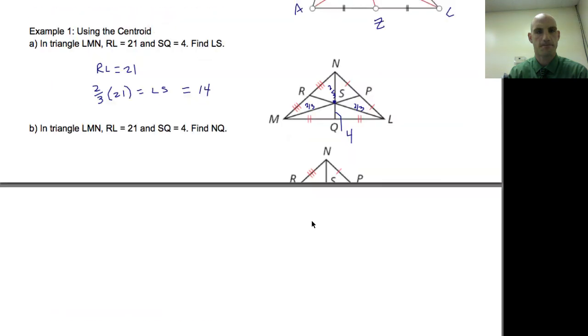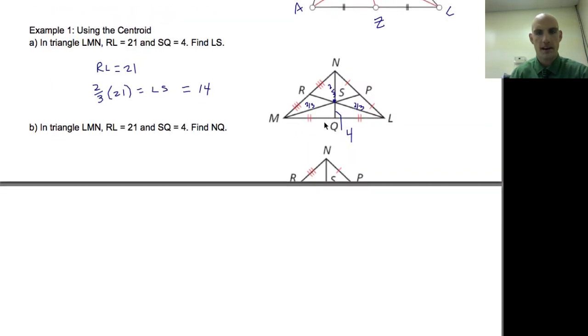Okay, so let's look at it. Find NQ, that's what we were just talking about. So if SQ is 4, 1/3 of NQ is equal to SQ. Now, how did I know that?